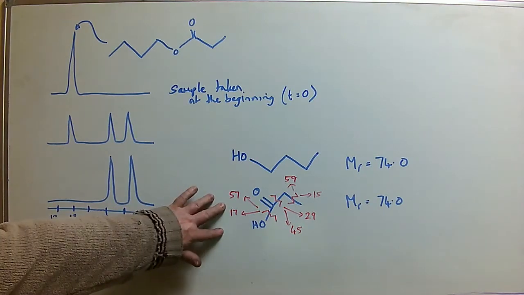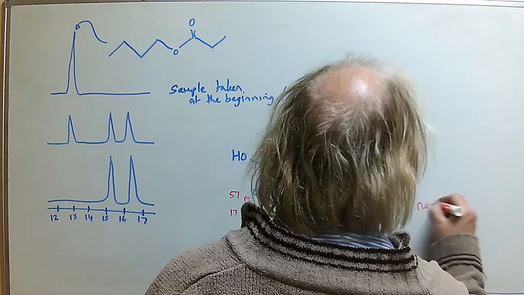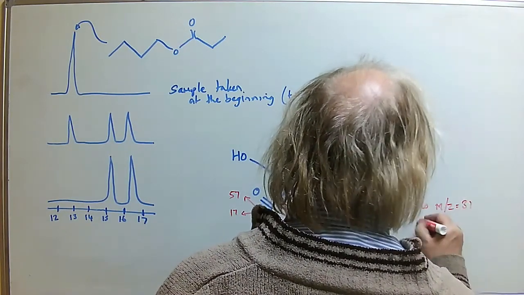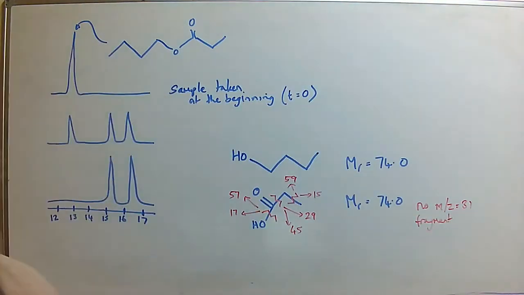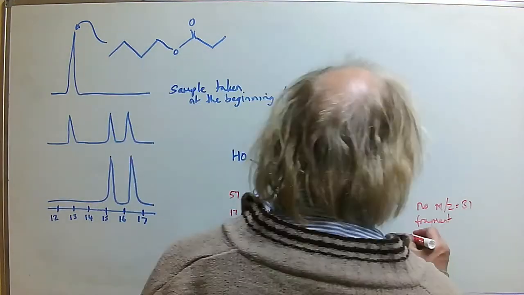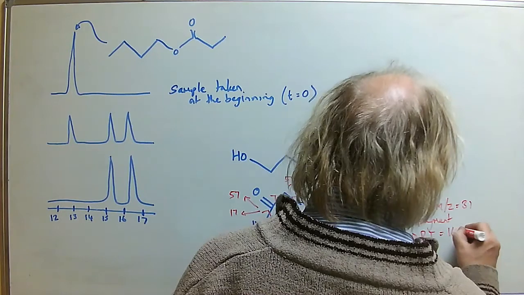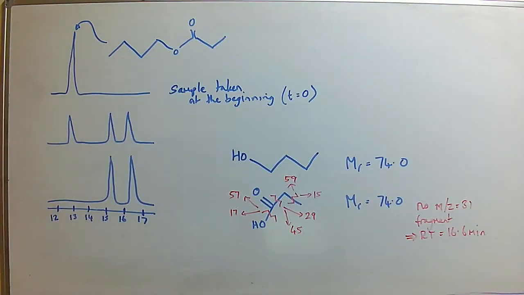So that one has no M over Z equals 31 fragment. So that suggests that it's going to be the one with retention time of 16.6 minutes, because it tells you that that compound with the 16.6 minute retention time didn't have a peak at 31.